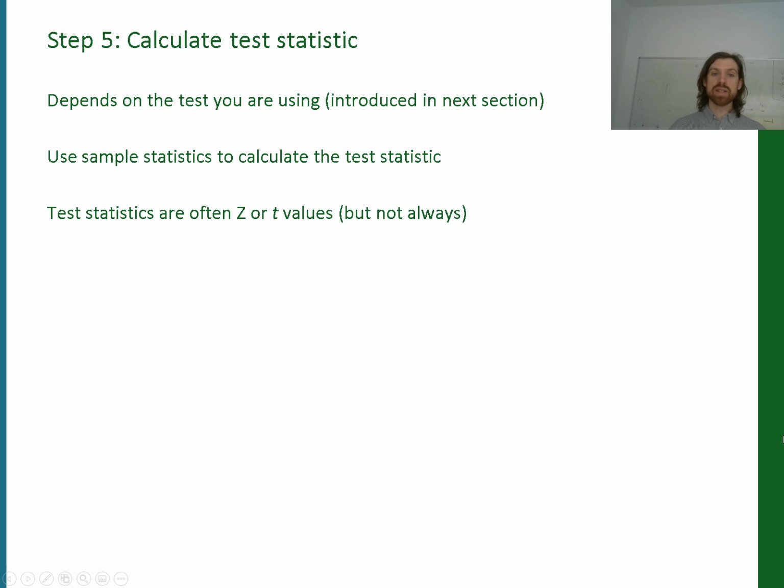So then we need to calculate the test statistic, and that depends on the test that you're using. We're going to cover a couple of these today, and then we're going to get into progressively more complex tests as we move through to the end of the course, particularly as we get to regression, which is a step above in terms of how you understand the statistical techniques that we're going over, but it's also incredibly powerful.